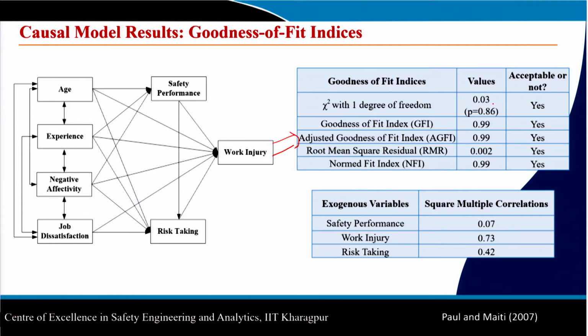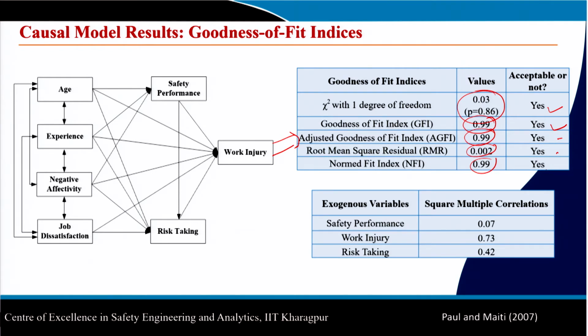So chi-square is low, 0.03, acceptable yes, goodness of fit 0.99 yes, adjusted goodness of fit also very high yes, root mean square low yes, and non-fit index 0.9 yes. So that means the fit measures, some of the fit measures we consider, not all. So fit measures are acceptable. That's why we can say yes, it is fantastic that the causal model is fit here.